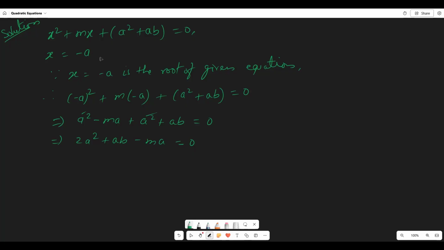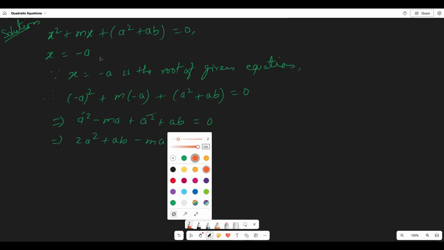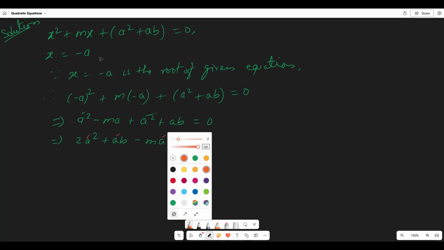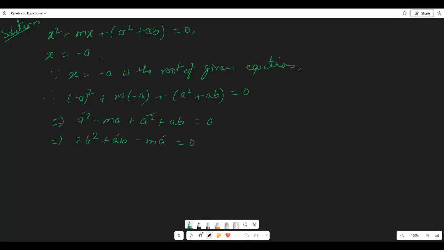So you can clearly see we have something common here. This a is in all the three terms, so we can just take the common and eliminate it. So it will become like this: 2a plus b minus m equals to 0.